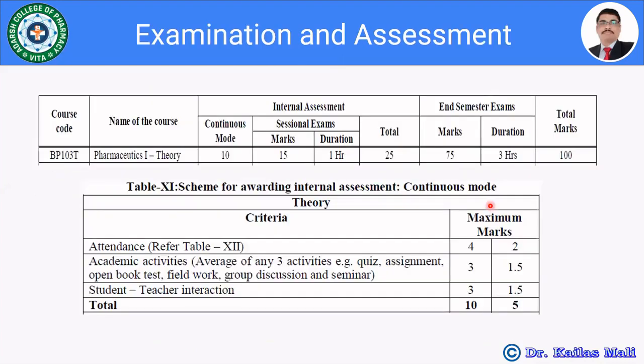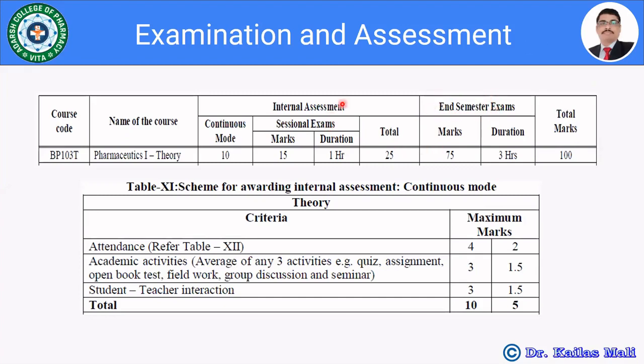Okay, so moving towards the examination and assessment, as you know that there are a total of 100 marks for the examination, and it is divided into the internal assessment and the end semester exams.